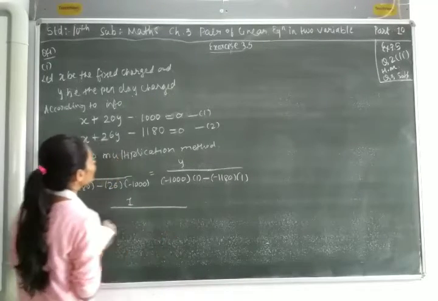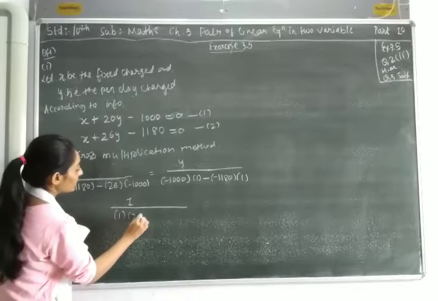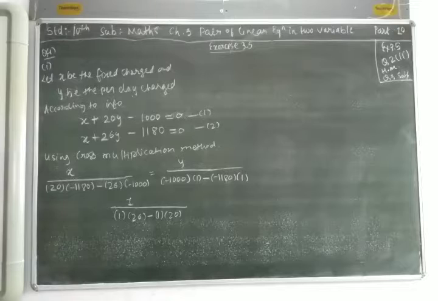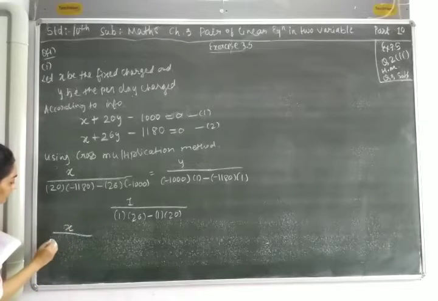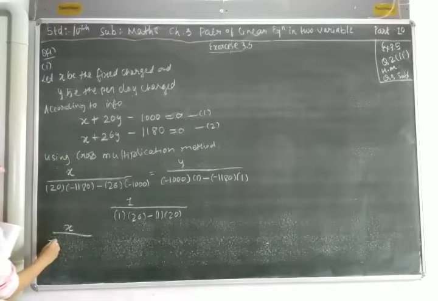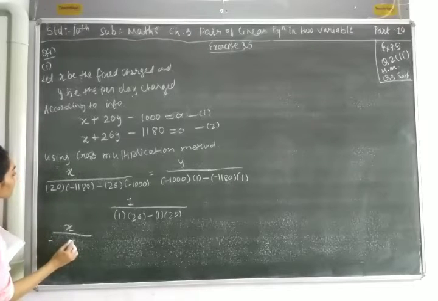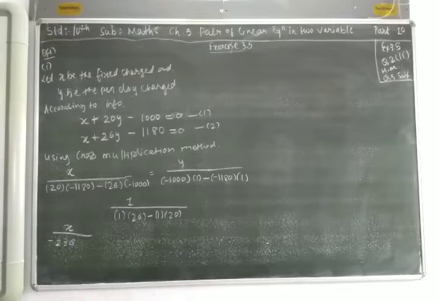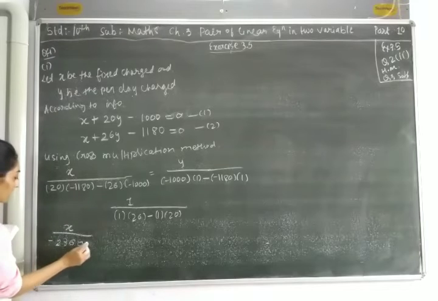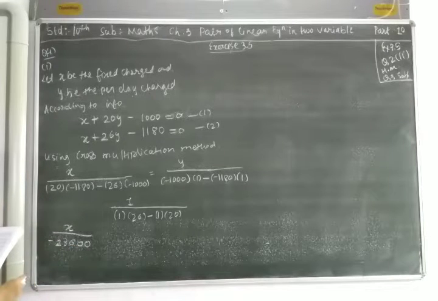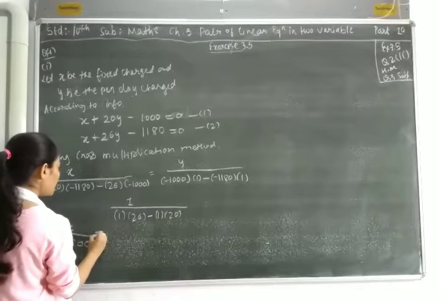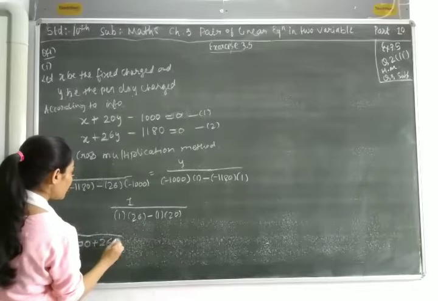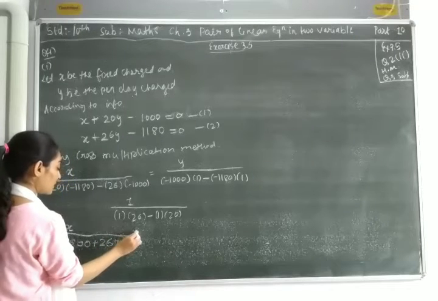Now the constant part, that is 1 into 26 minus 1 into 20. Now x denominator, plus 26,000.